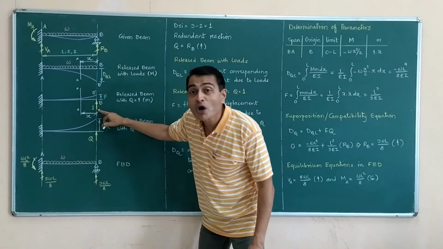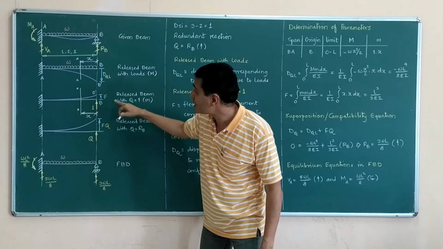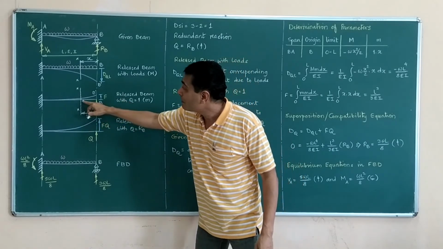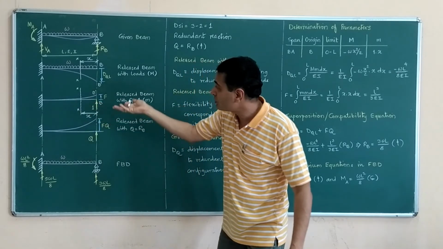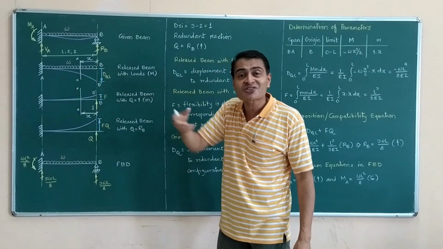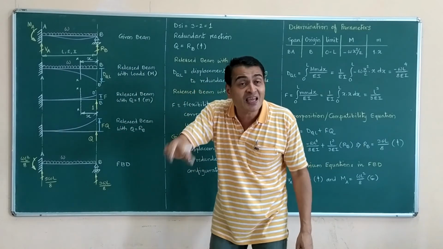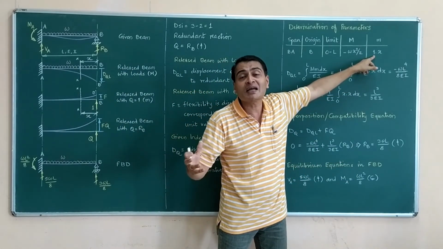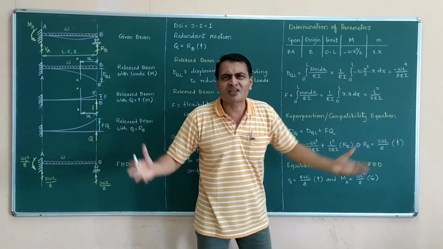This load is 1, unity. That's why we are calling this flexibility. So because of 1, the bending moment about this section will be 1 multiplied by x, and it is going to be sagging. That is what I have written here, 1 multiplied by x, which is equal to x, simply.